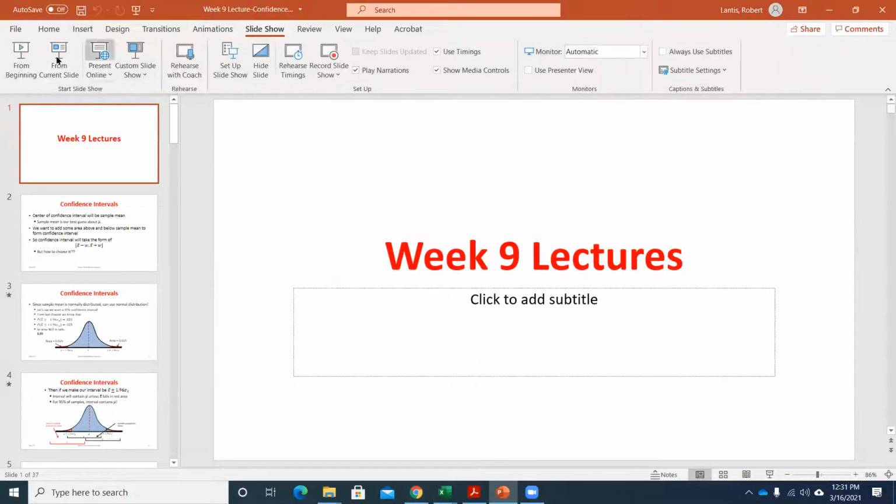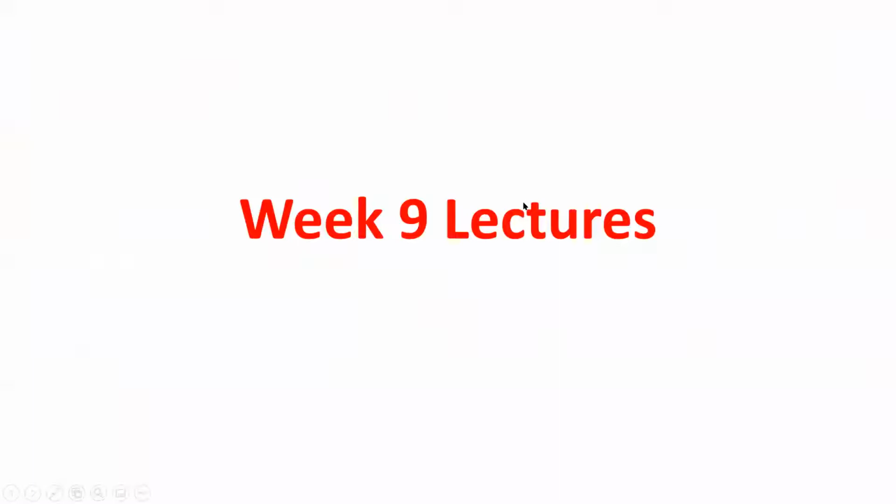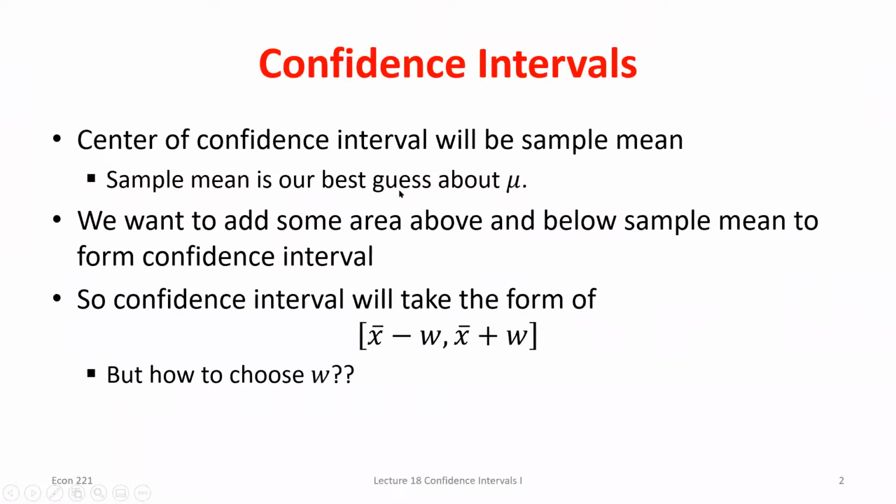So last week I left off talking a little bit about confidence intervals and just introducing the idea, right? So we said what we were going to do was we were going to build our confidence interval around whatever sample mean we found. So ideally we'd like a population mean, but we usually don't have population data. We usually just have one sample, right?